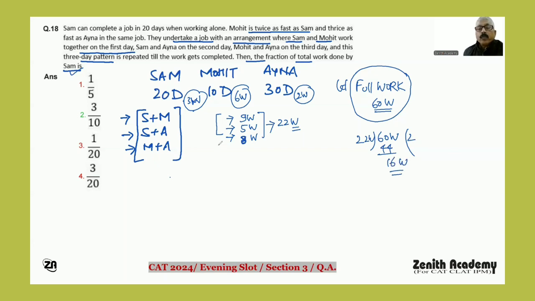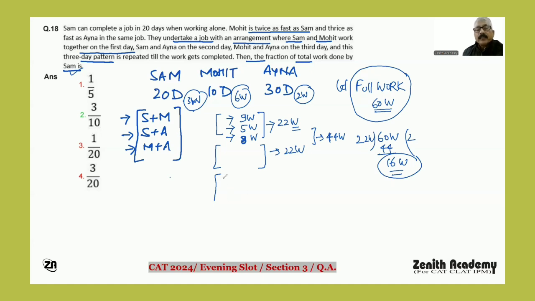So in two intervals, 22 plus 22, 44 work is complete. This means the work is going to finish in the third interval, meaning two intervals complete and some part in between the third interval. Remaining work is 16.